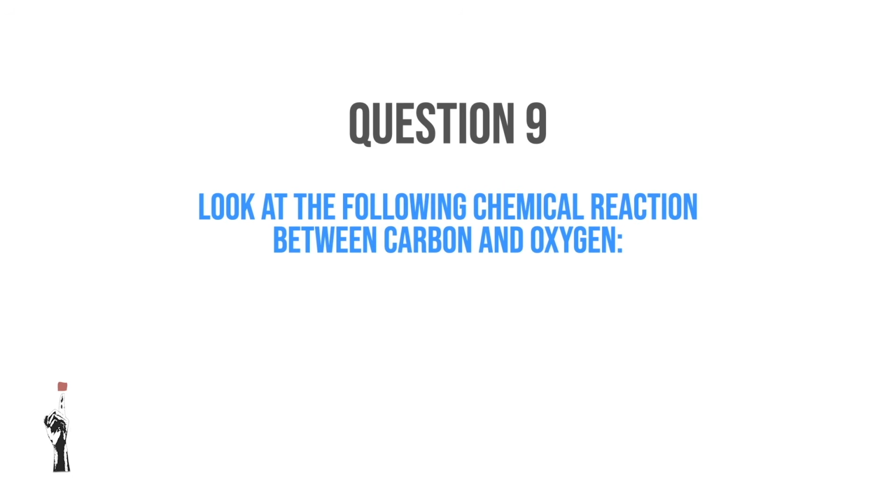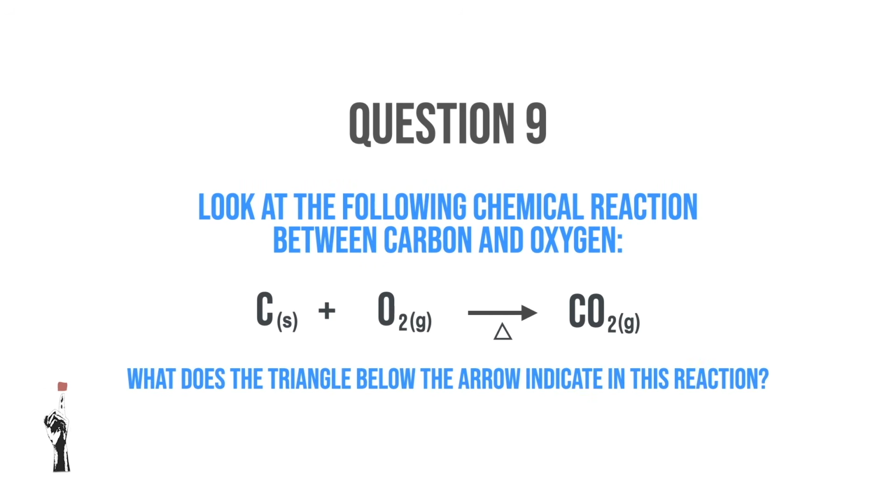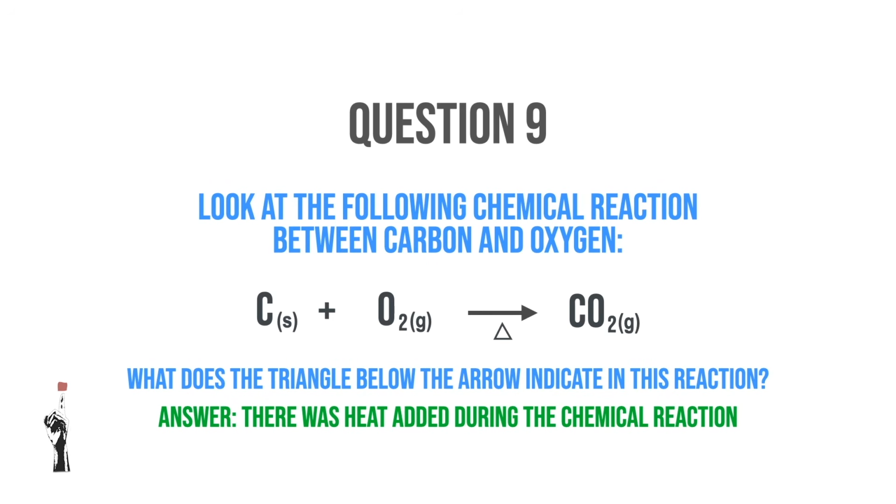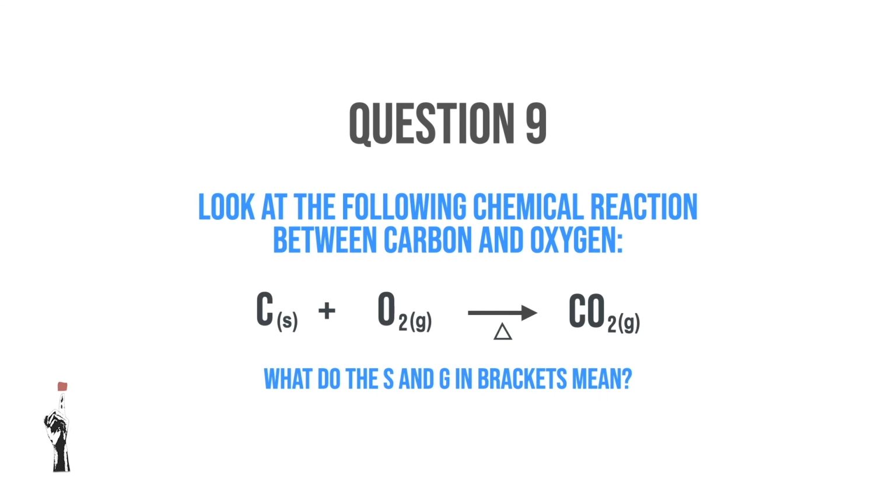When looking at this equation, what does the triangle below the arrow indicate in this reaction? The triangle indicates that there was heat added during the chemical reaction. When we look closely at the equation, there are small letters written in brackets.